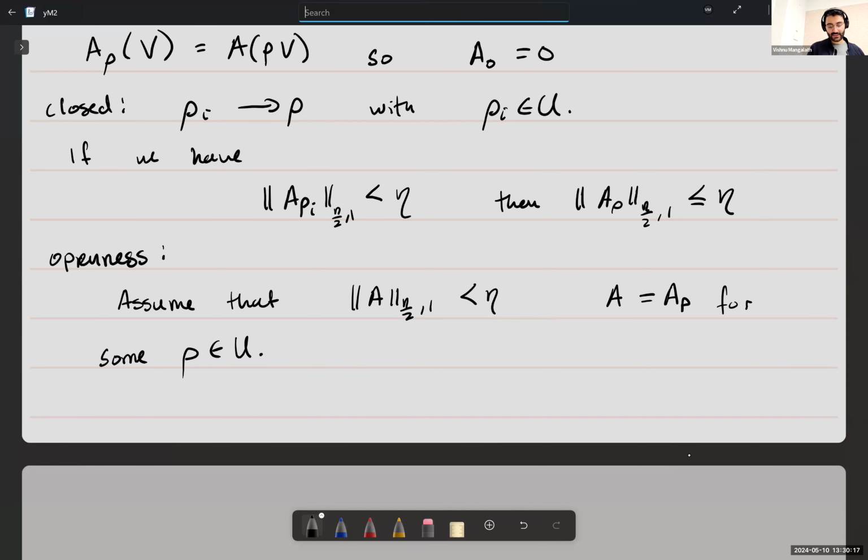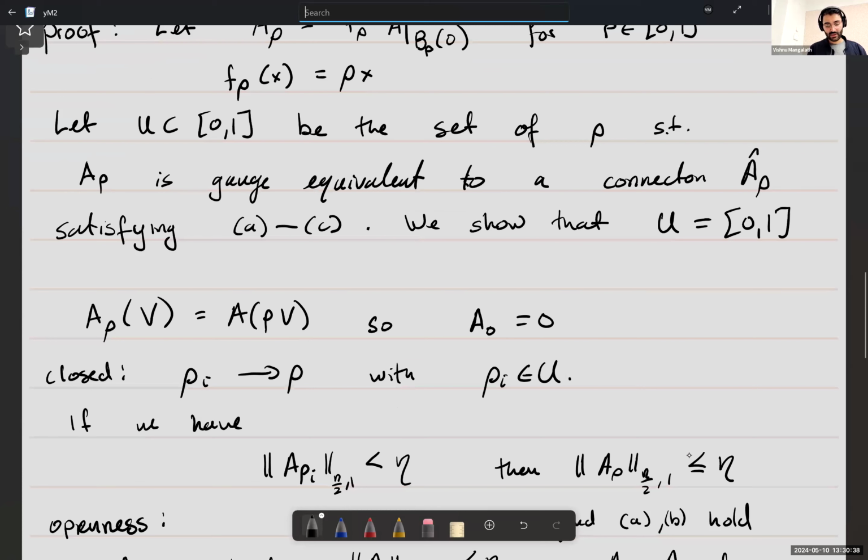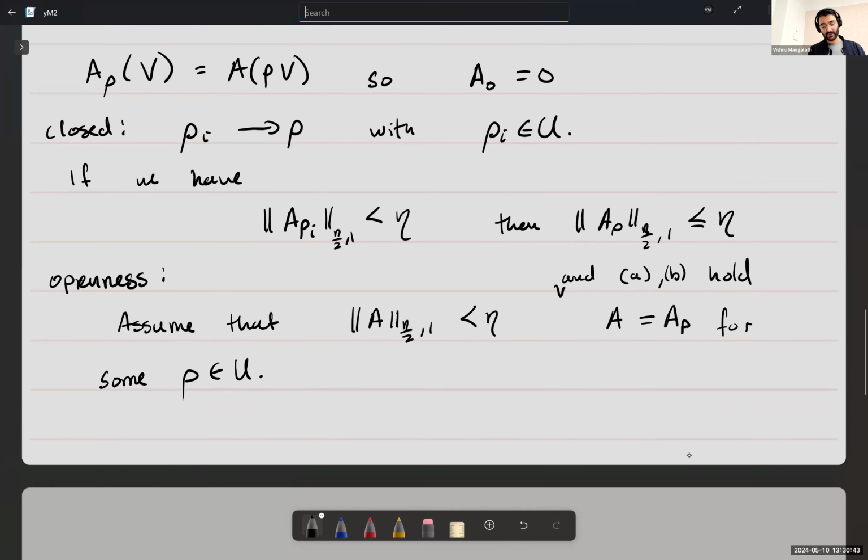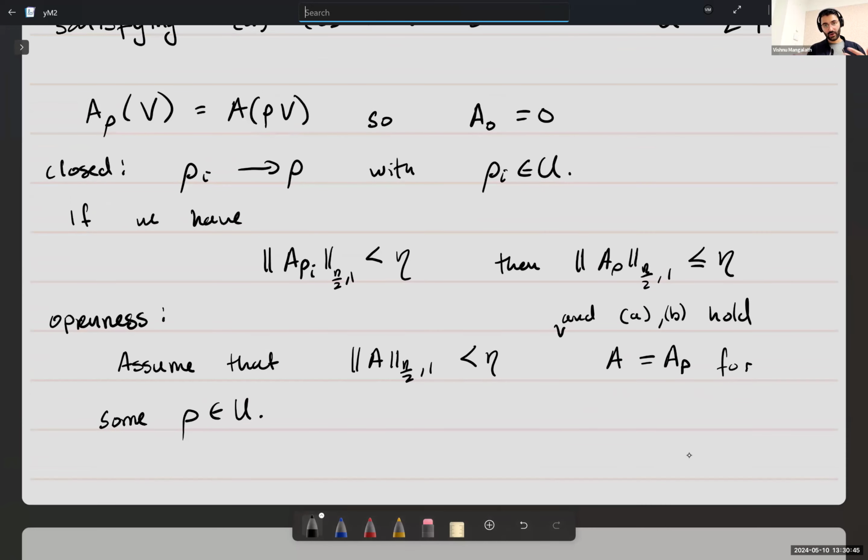Actually, sorry, I said that quite a bit wrong. Let's assume that this is true and A and B hold. So this is an open condition, and I'm going to prove that this open condition implies this closed condition. Actually, I'm going to prove that these two conditions are equivalent. So our original condition part C is an open condition.